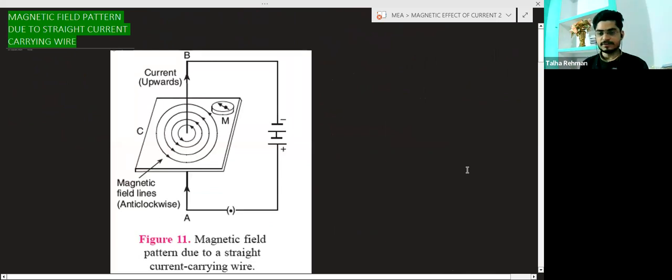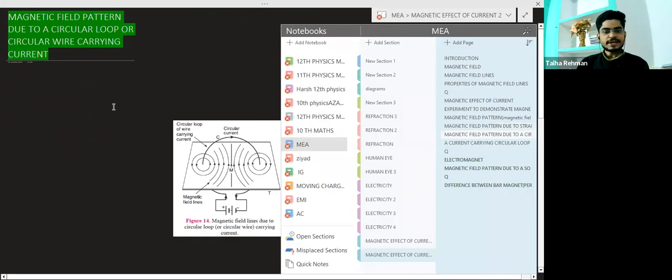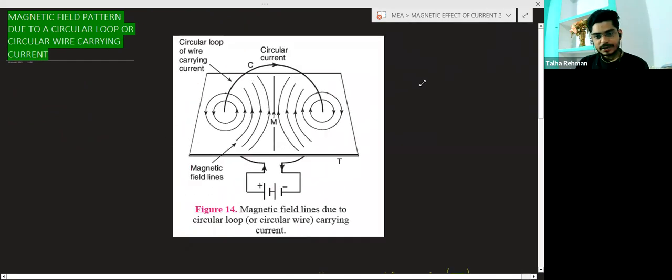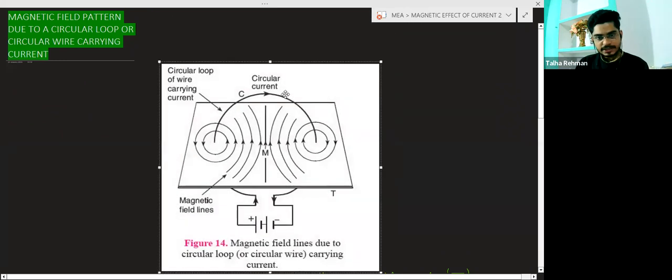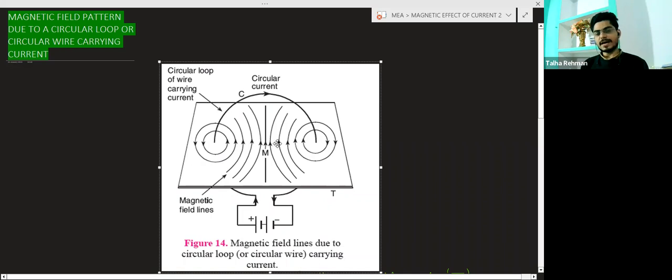Now we will discuss the pattern due to a circular wire. Due to a circular wire, this type of pattern you will get. There is a circular wire connected with a battery, so that there will be current in the circular wire, and due to the magnetic effect of current, there will be a magnetic field around the wire. See this pattern.